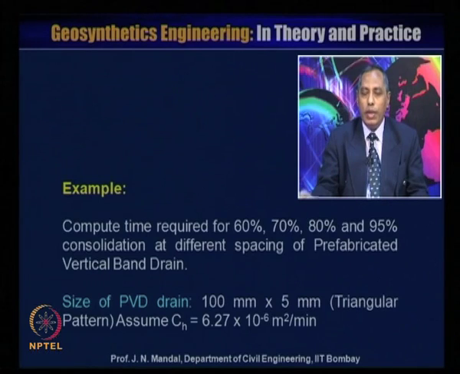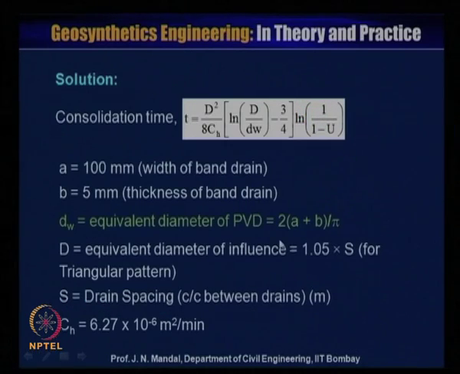Now, the size of the PVD drain is, suppose, given as 100 millimeter into 5 millimeter, and we are considering a triangular pattern, and assume that CH value is 6.27 into 10 to the power minus 6 meter square per minute. So, here is the solution.